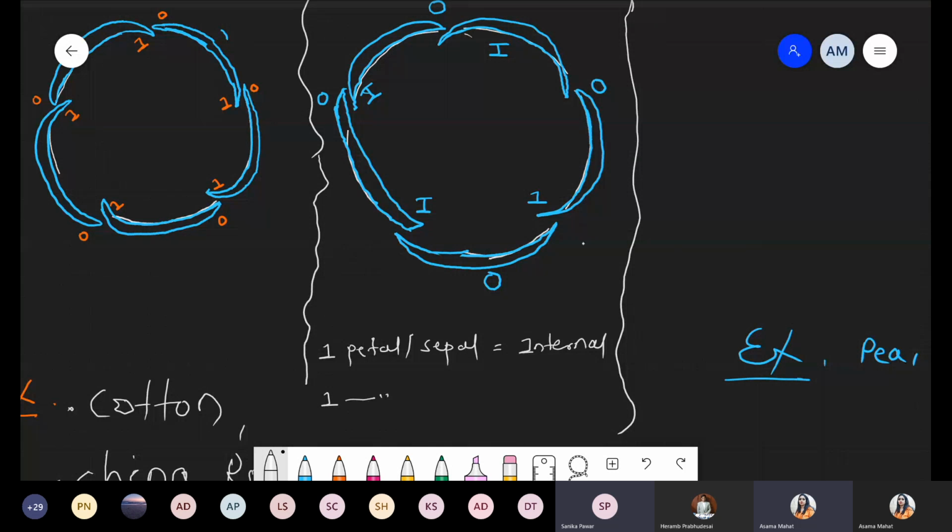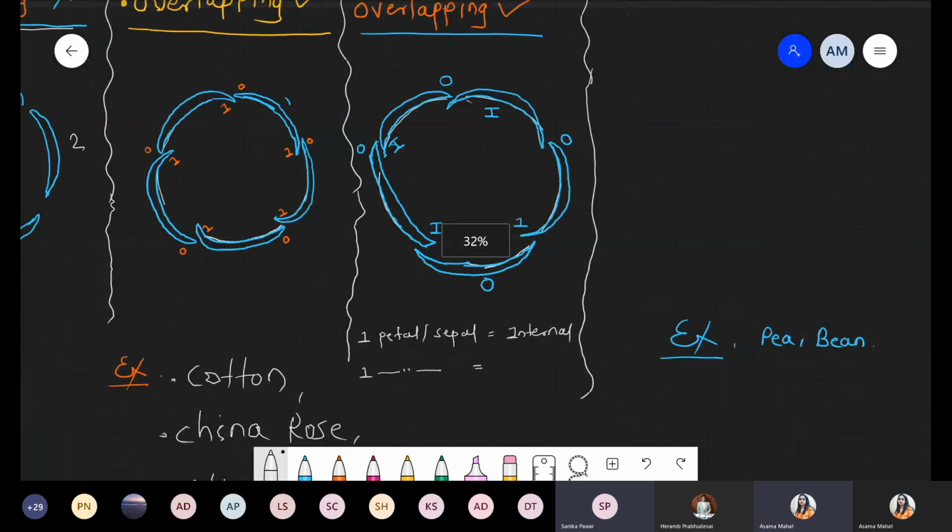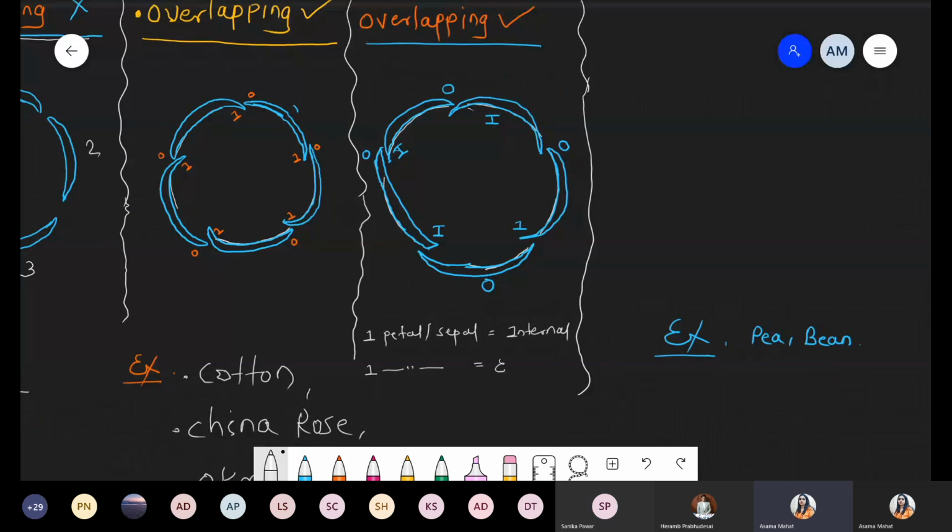One petal or sepal is completely present towards the external side. So one completely internal, I for the internal, and O for the outer side. Completely one internal and one external, toward the outer side.